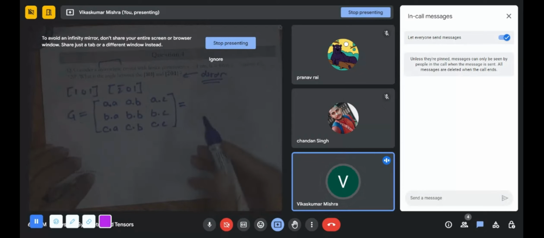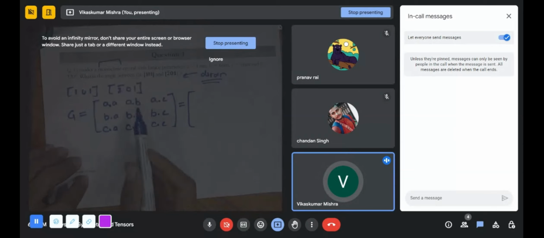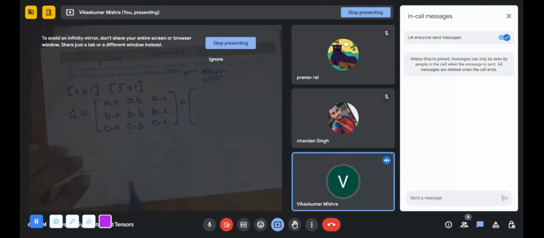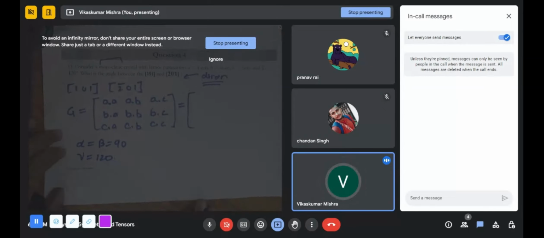So what we can say here is, for the monoclinic system, for the dot product, we need to find the angle between them, right? So for the monoclinic, what we know is alpha is equal to gamma is equal to 90 degrees, and beta is equal to 120 degrees, right? So for them we can write it.